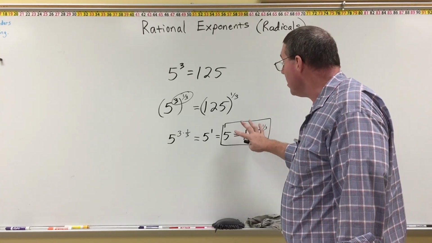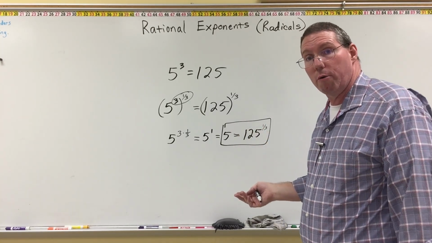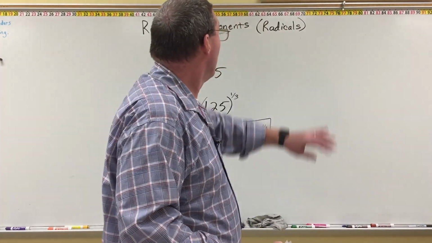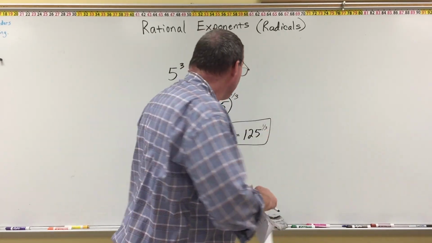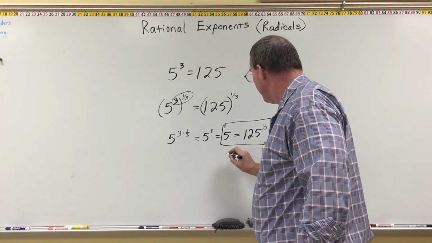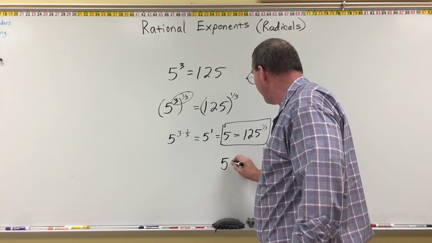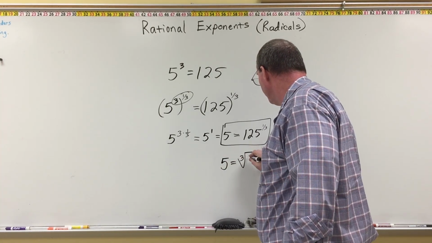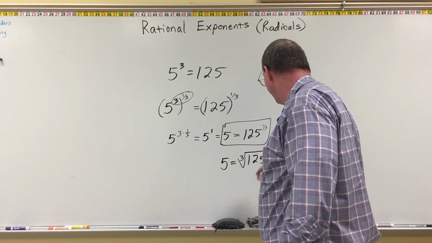Well, this is equal to another thing that we already know in math, and that's called roots or radicals, okay? And so this can be written in this way as well. We can write 5 is equal to what's called the cubed root of 125, okay?